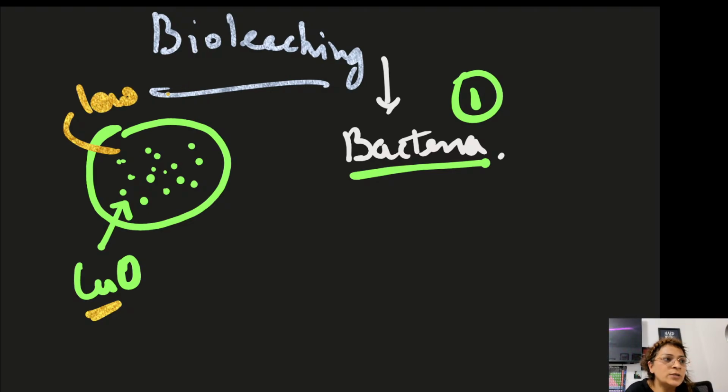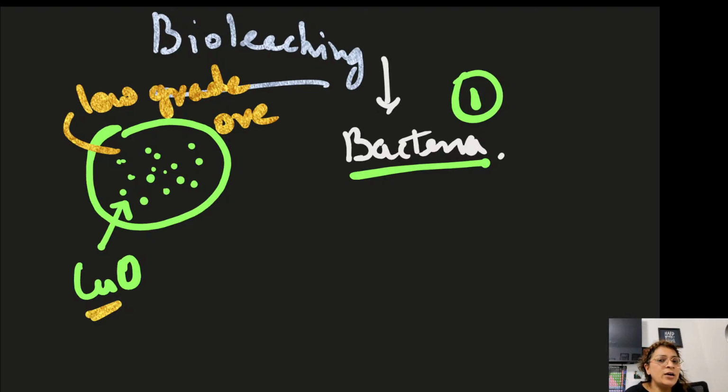Somebody tell me what the word low grade ore means? Correct. Low grade ore means you do not have enough copper in it, a low percentage of metal.